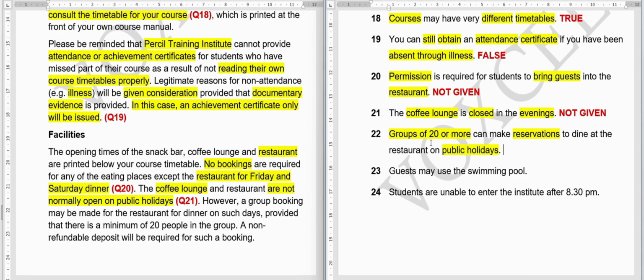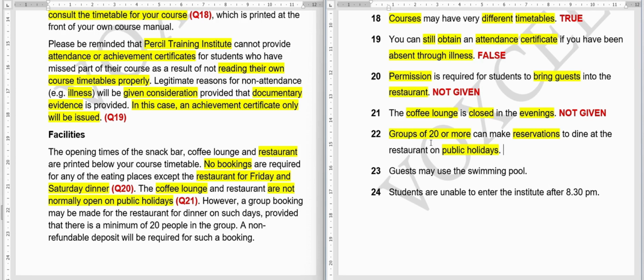If there is a minimum of 20 people in a group and you can make a reservation because of that, the answer will be true. But if that is not the case, like they will not open even if you're 20 or more, the answer will be false. Or if they will open for less than 20 people, say 15 people, the answer will again be false.